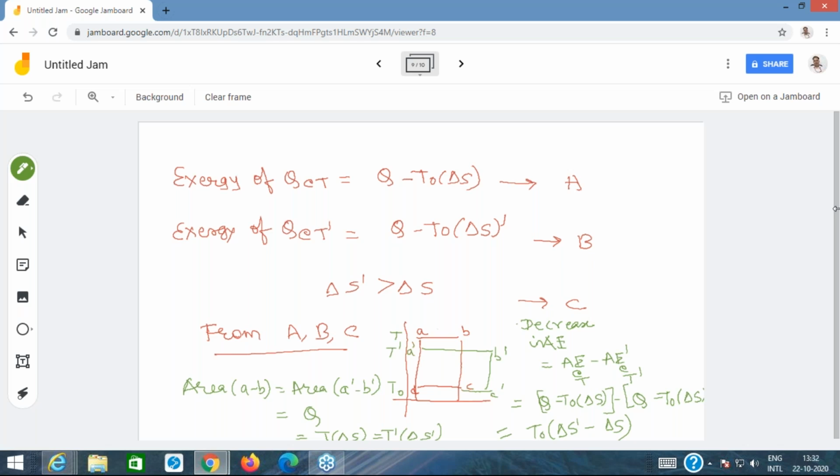Is this expression clear to you, that decrease in available energy is equal to T naught into delta S dash minus delta S?